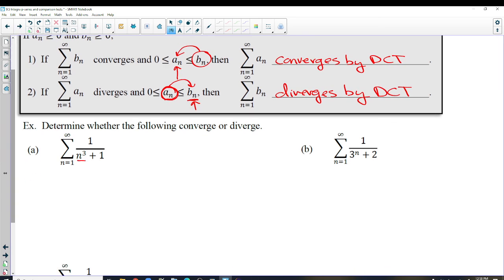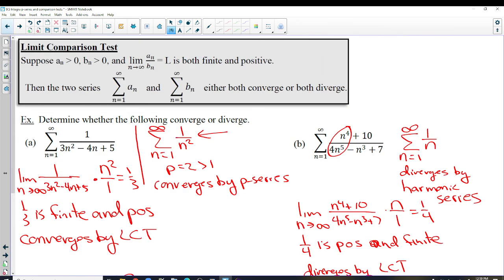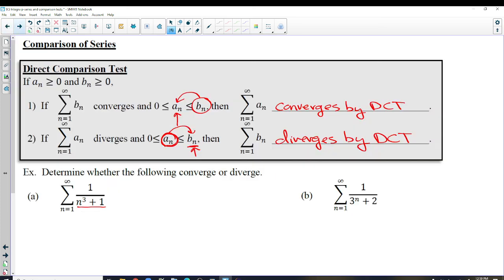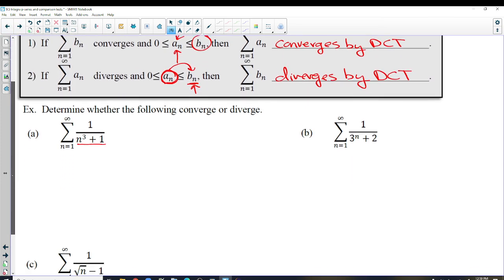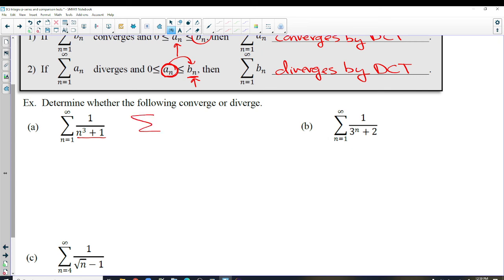Let's see how this works. Now this is a much simpler denominator. So we use this situation when we have fairly simple denominators. When we have more complicated denominators, then we're going to use the limit comparison test. So let's compare this one here to the sum from n equals 1 to infinity of 1 over n to the 3rd. Now this is a bigger denominator, so it'll be a smaller value. So we can make this claim.